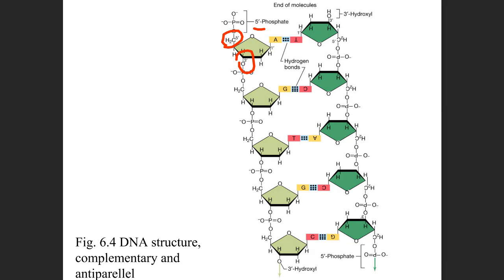And since it's DNA, this is what? This is the 2 carbon. So the DNA is actually a 2-deoxy, right? Because DNA is a deoxy, and then people ask, where does the oxygen get lost?